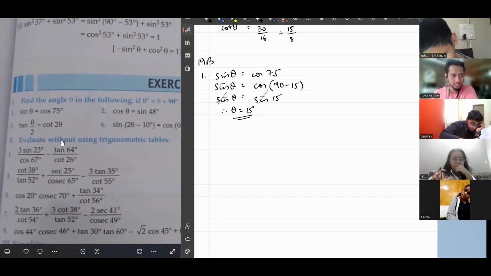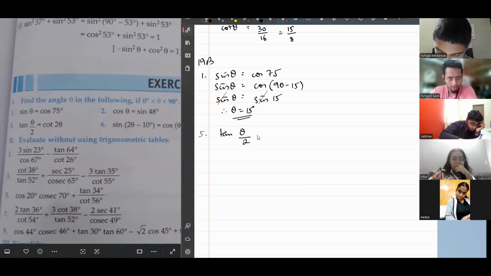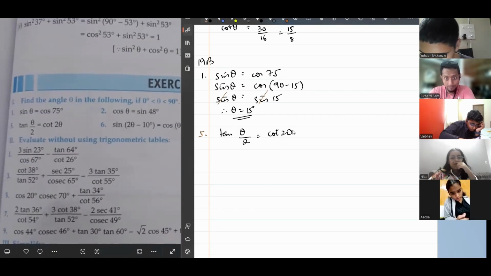Okay, let's try question 5. Tan theta upon 2 is equal to cot 20. Okay, so first thing we see tan and cot. Are they related? Yes, they are the complementary angles, right? So change one of them, either the tan to cot or the cot into tan.